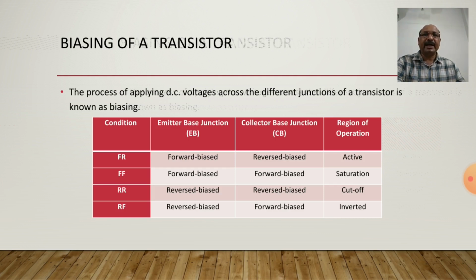In fact, the energy supplied by this DC supply is used to amplify the input signal. So the process of applying these DC voltages to the BJT is known as biasing, as discussed earlier. Now the common emitter configuration of BJT is frequently used for signal amplification.